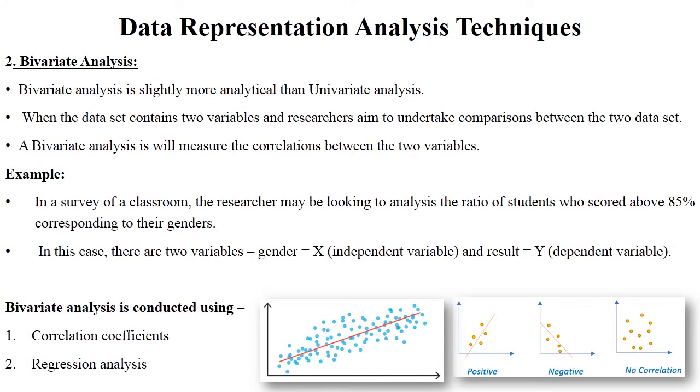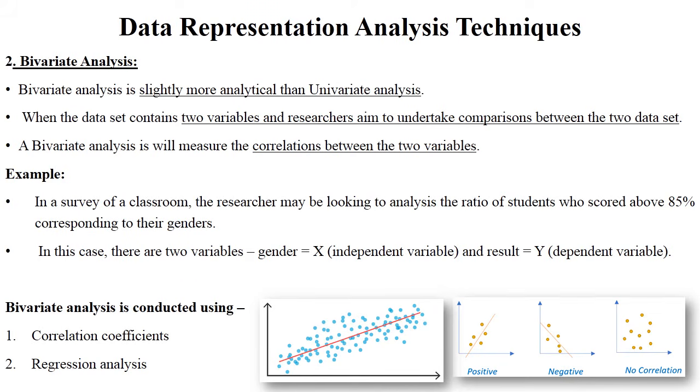So for regression representation, the bivariate analysis technique is used. In bivariate analysis there are independent and dependent variables and the relationship between them. The first diagram represents the correlation coefficient, and the second diagram is known as regression analysis. So this is an example of bivariate analysis.